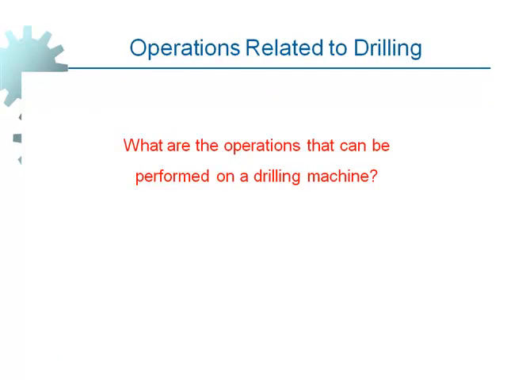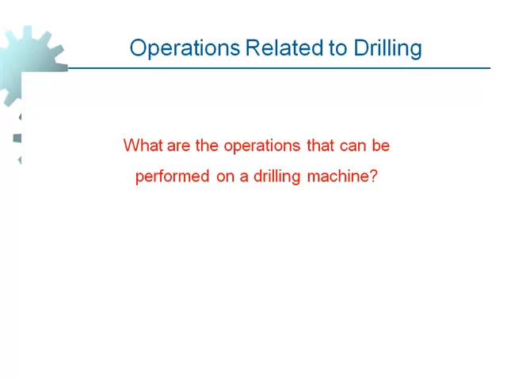Now please help me to see. Not much time there. What operations can be done on a drilling machine? Only drilling, or some other operations as well? Milling, you mean?